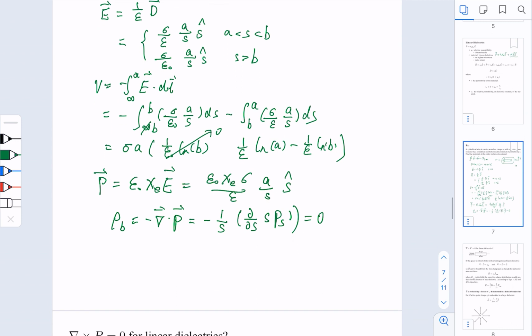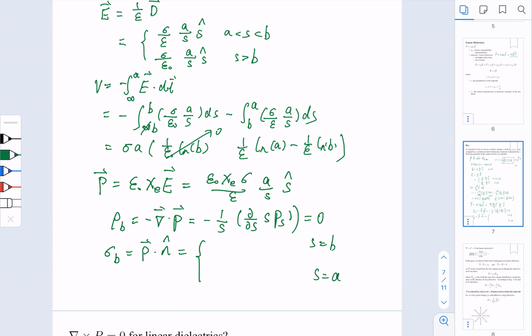What's left over is the surface bound charge, which is P dot n. There are two surfaces: the outer surface at the edge of the rubber shell, and the inner surface.